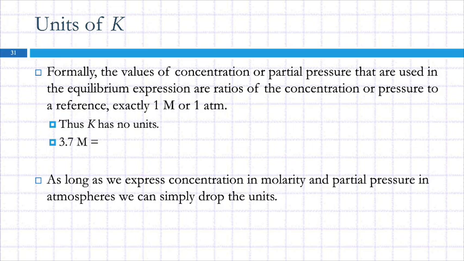So what we're actually doing is we're talking about an activity, the activity of the species, which is the ratio of the concentration or the pressure to a reference point, which is 1 molar or 1 atmosphere.